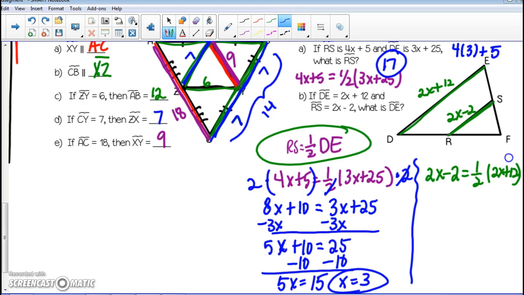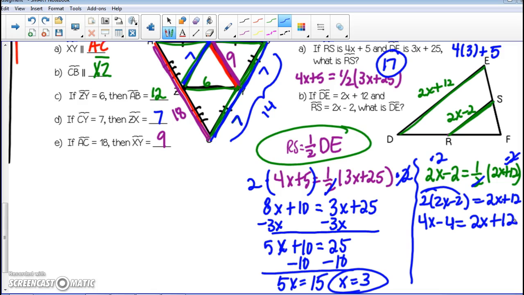I'm going to multiply both sides by 2 to get rid of the 1/2. So this will be 2 times 2x minus 2 equals 2x plus 12. So 4x minus 4, distribute, equals 2x plus 12.